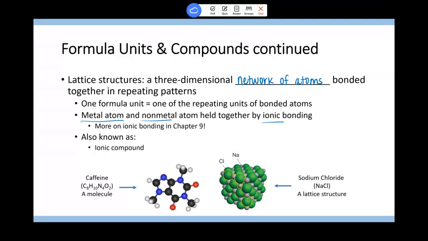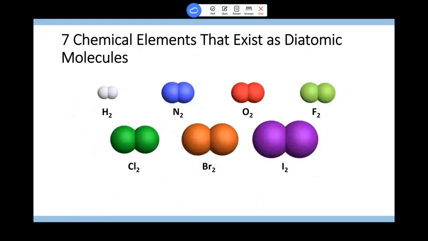But you can see that they're all together in that lattice structure. But our formula unit is one repeating unit of the bonded atoms. Okay, so lattice structures, metal and nonmetal, ionic bonds, molecules, all nonmetals, and covalent bonds.